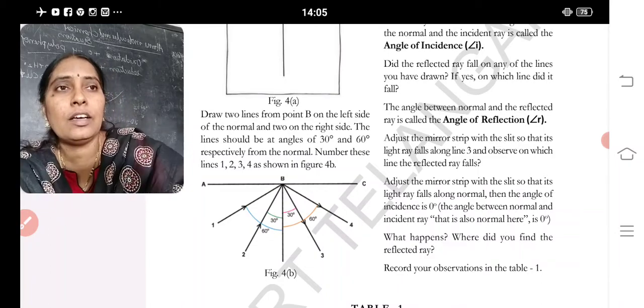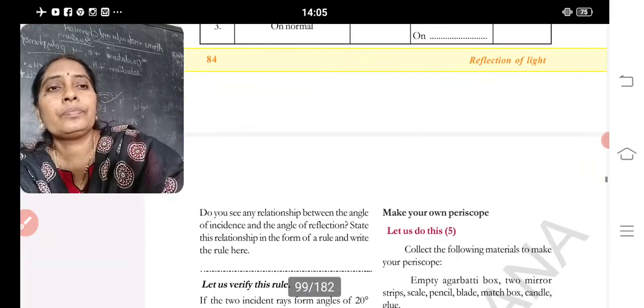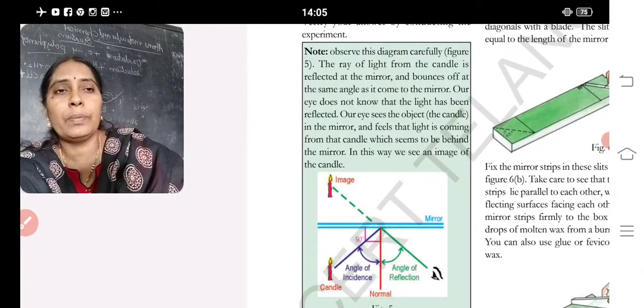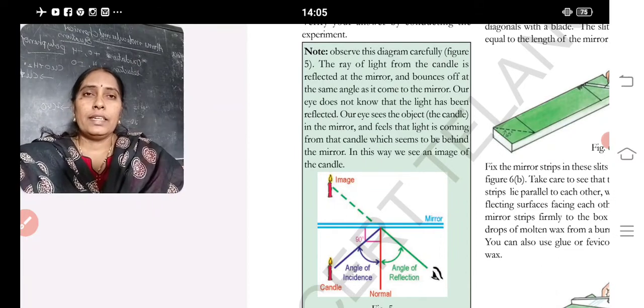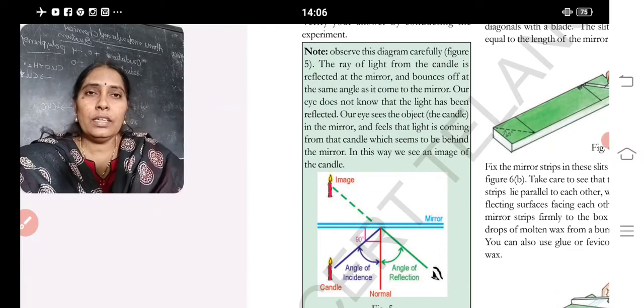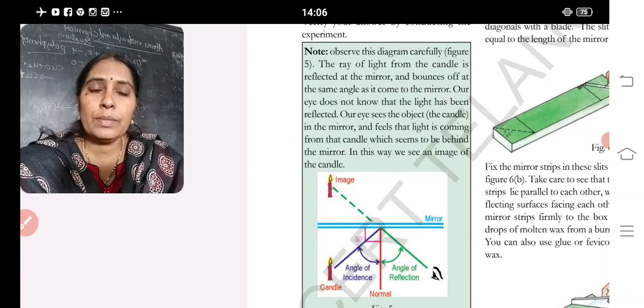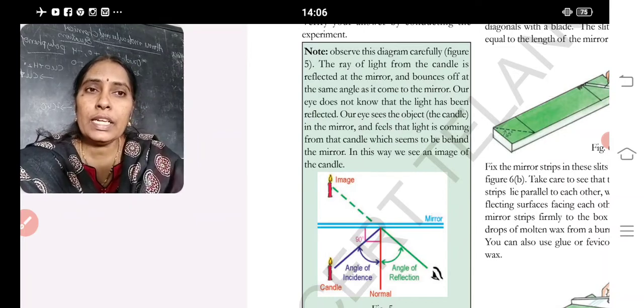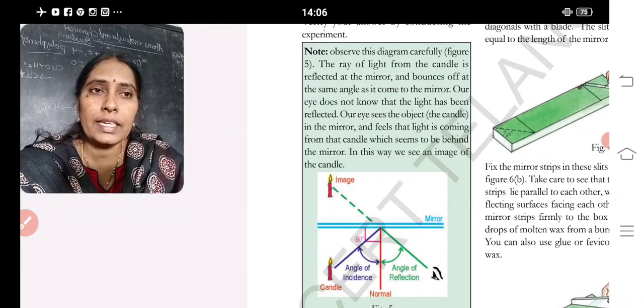To understand the concept of angle of reflection, here is a simple experiment. Place a candle on one side of the plane surface, and place a plane mirror on the line AB. Definitely you will get the image on the other side.